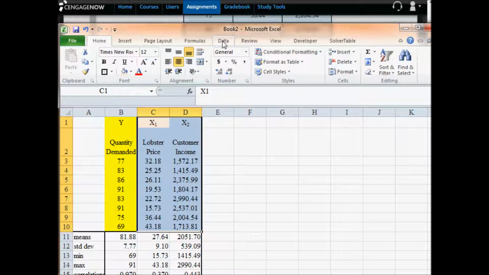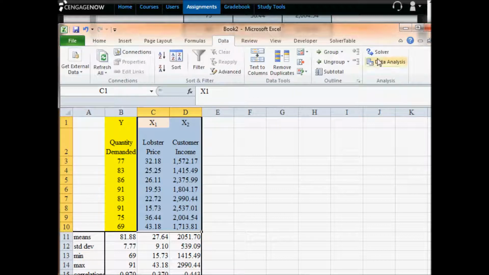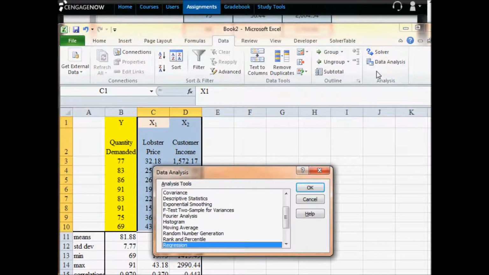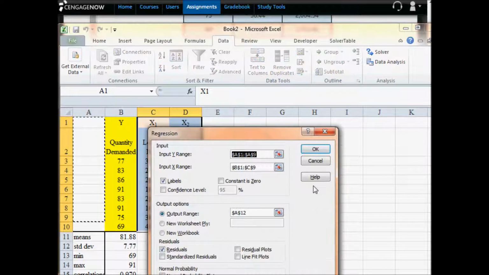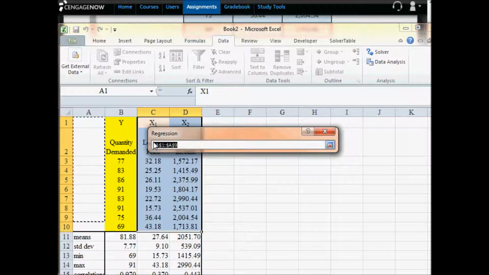Doing multiple regression is just like doing simple regression. You hit the Data tab, then you click on Data Analysis, and you scroll through until you see Regression, and you hit OK. Now I'm going to load my y variable by highlighting quantity demanded and the 8 observations below the phrase quantity demanded.